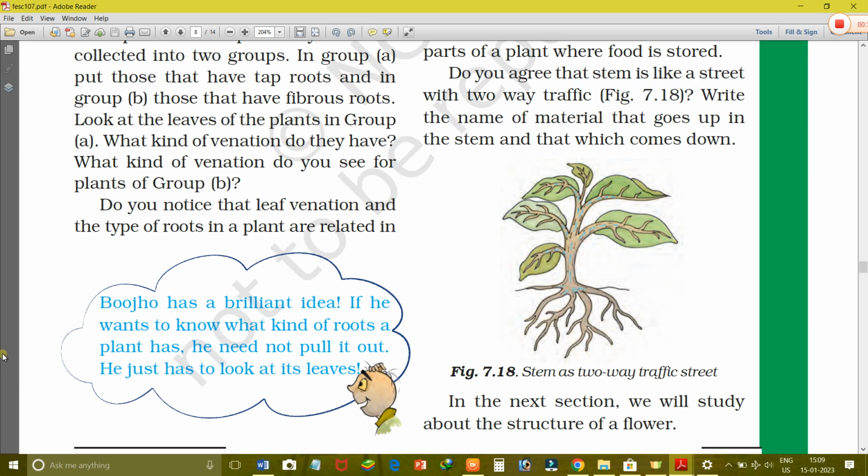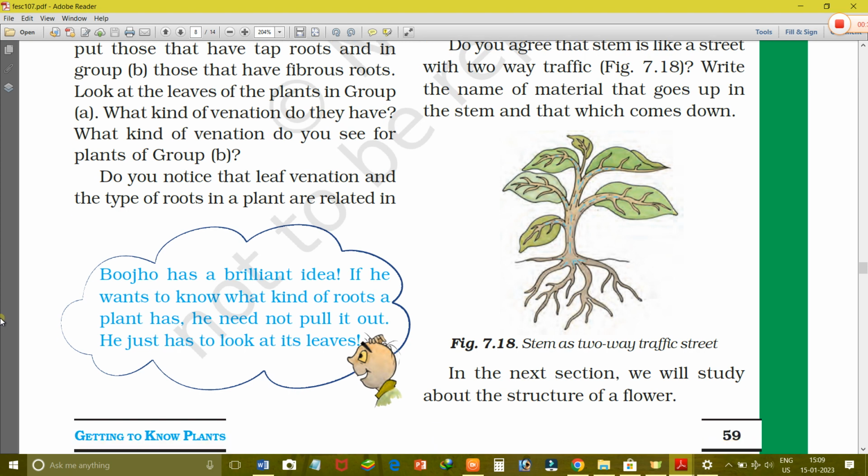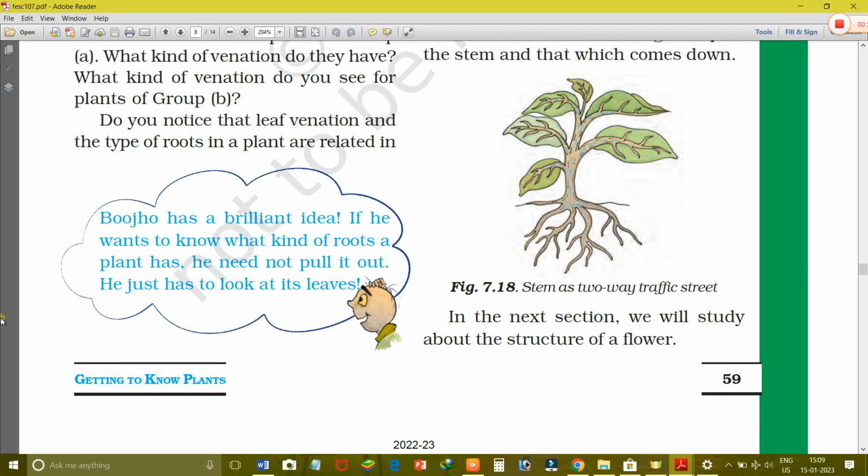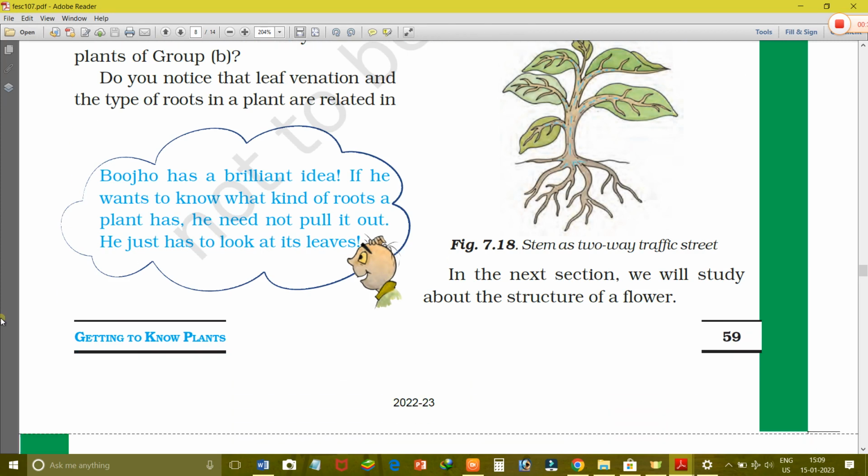Write the names of minerals that go up in the stem and that which comes down.